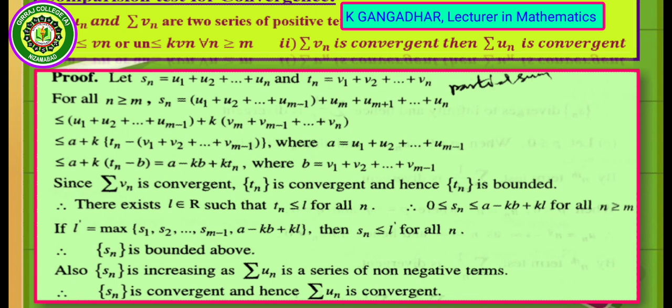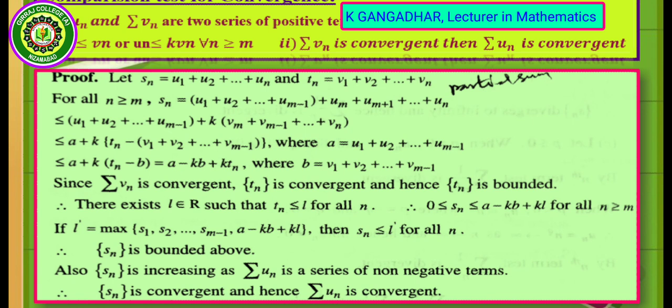Which is less than or equal to u1 plus u2 plus so on plus um minus 1 plus k into vm plus vm plus 1 plus so on plus vn, since un is less than or equal to k into vn.